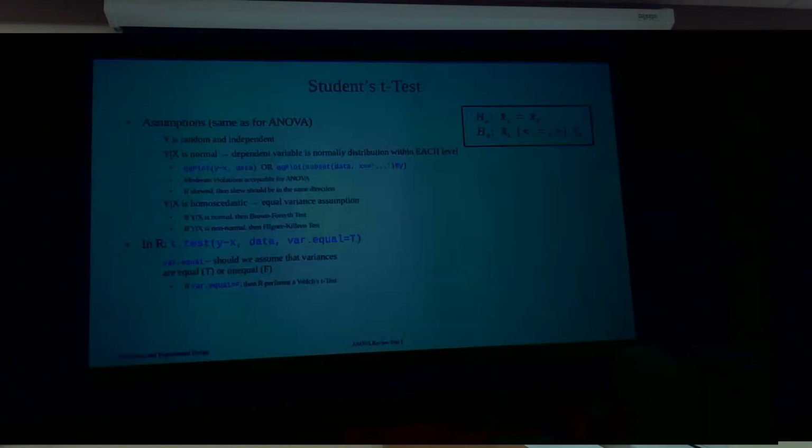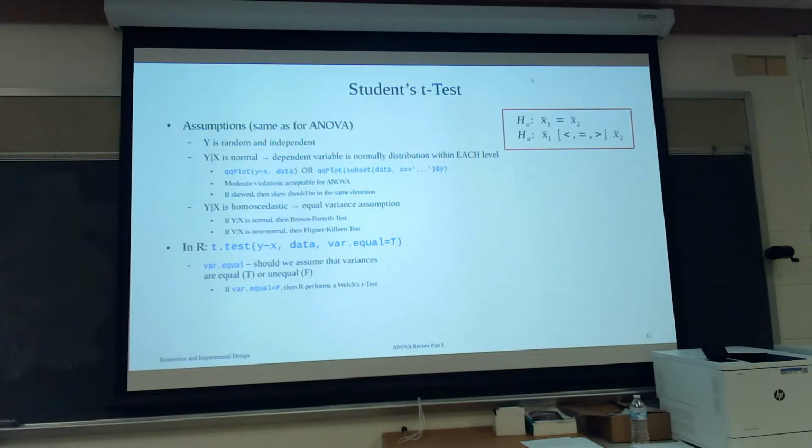All right, so our assumptions are going to be the same as the ANOVA. Data are random and independent. Our data are normally distributed within each group, and our variances are equal. So how do we check this? Well, for the normality assumption, we use qqplots. We're going to use qqPlot to look at our groups.